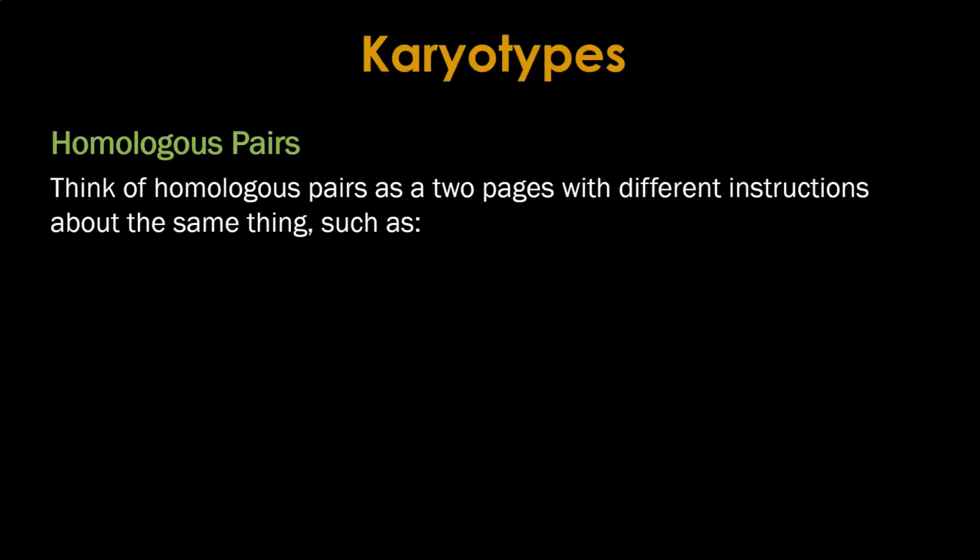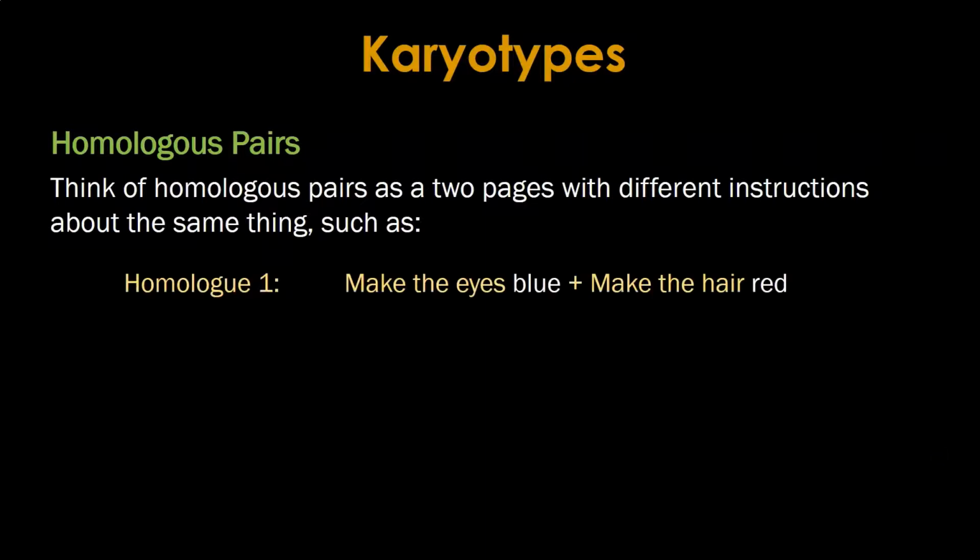To get back to our book analogy and the critical and ever-present issue of information, those homologous pairs you can think of as being 2 pages which have different instructions but about the same thing. Now that might seem like a contradiction, but think about this.